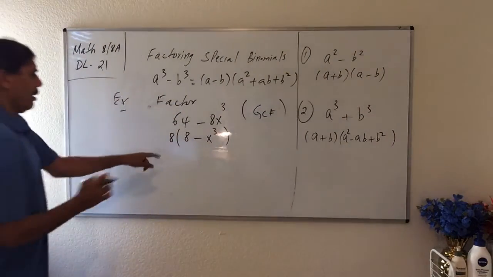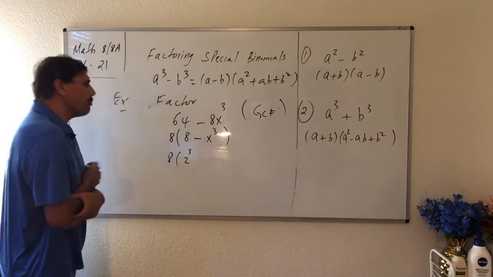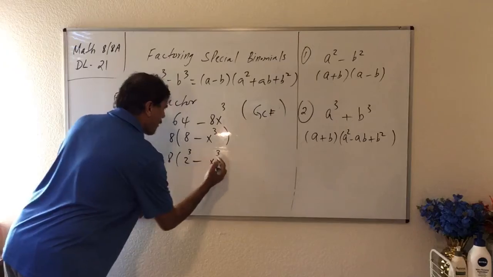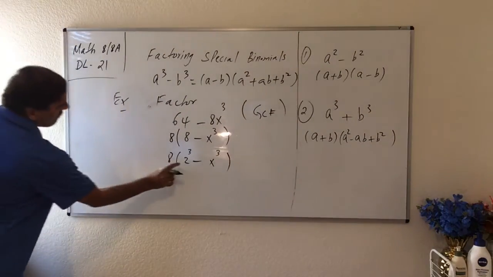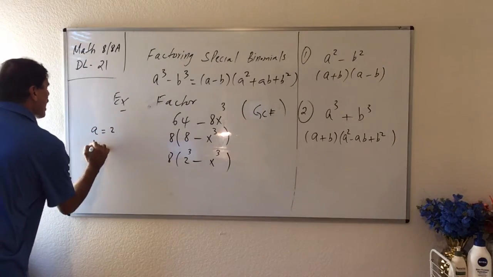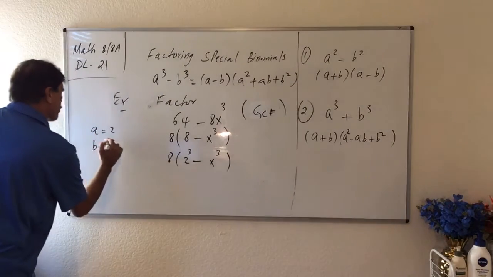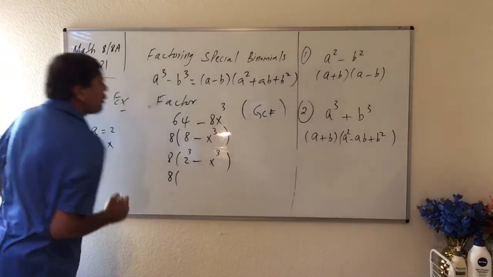So now look, 8 is a perfect cube, yes, 2 cubed, and x is a cube already. Make sure you keep the same order, left to right. So a is the first base, which is 2, and b is the second base, which is x. Then use the formula.